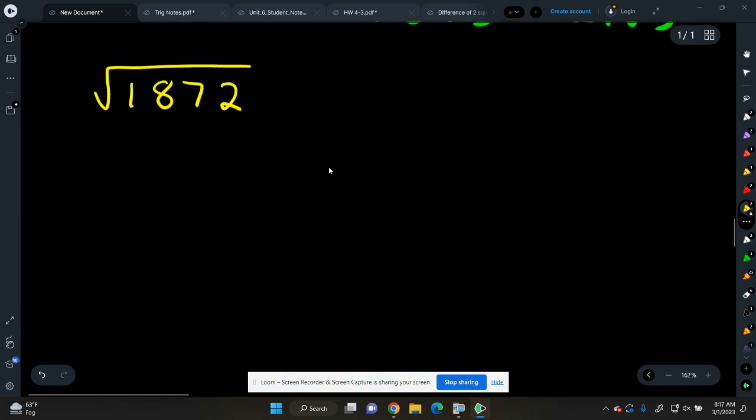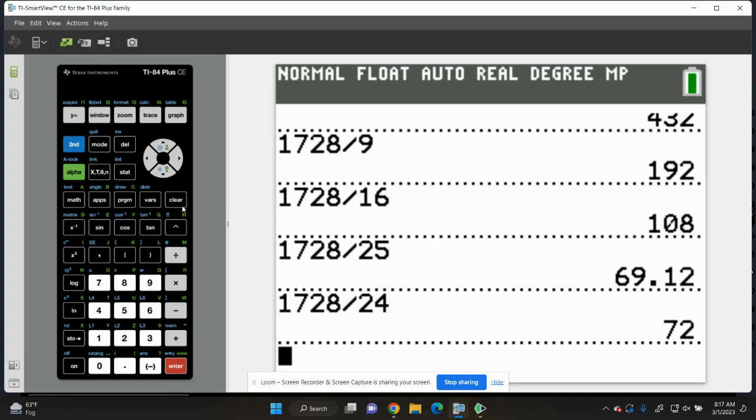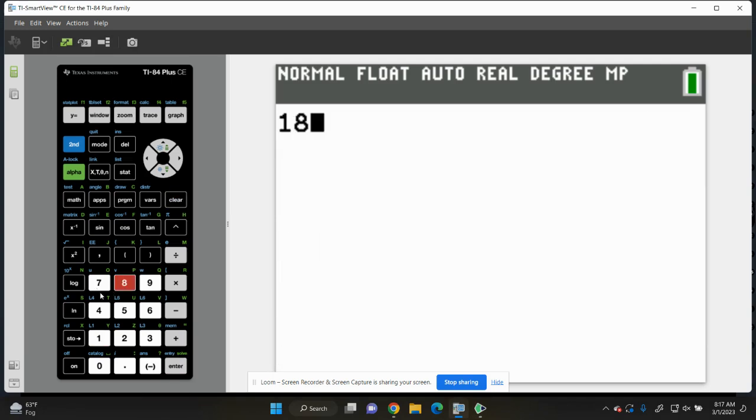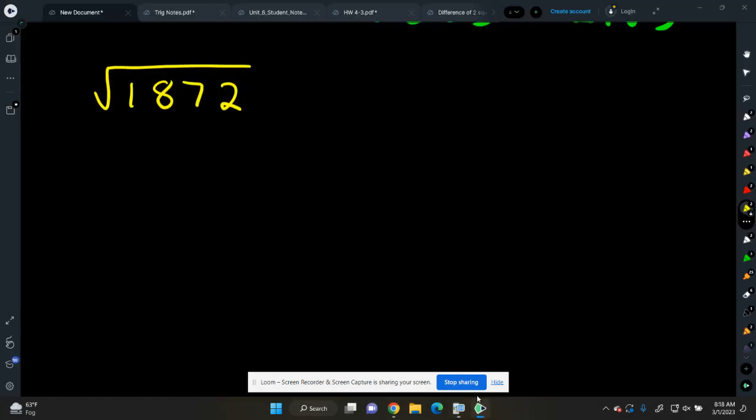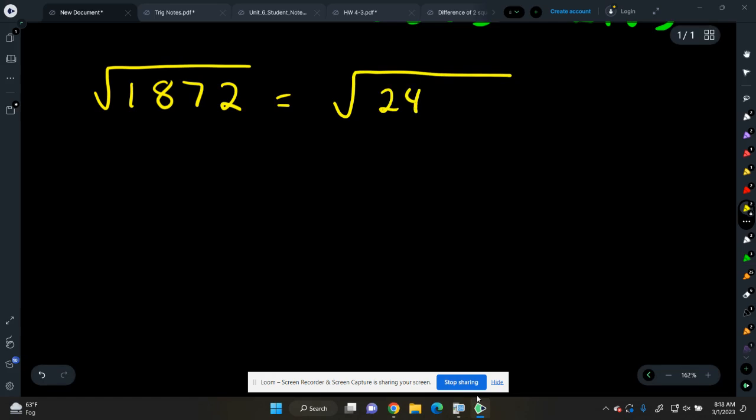So let's see if we can find something that goes into 1,872. Let's try 24. Okay, that works. 24 times 78. So this is the square root of 24 times 78. Now let's factor these down.